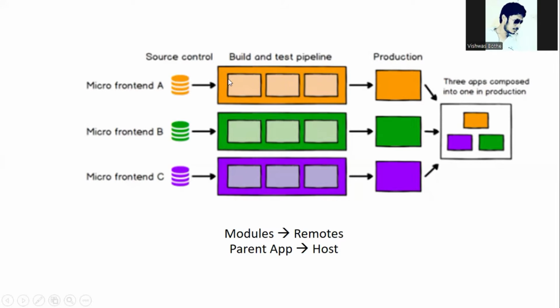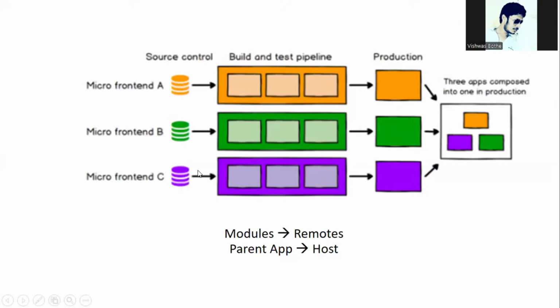This is for the first application. Maybe this application is responsible for authentication. Then the second application may be responsible for product listing, getting the product details, and payment. So for this application, we also have a separate code base, a separate CI/CD pipeline, and a separate team working on it.